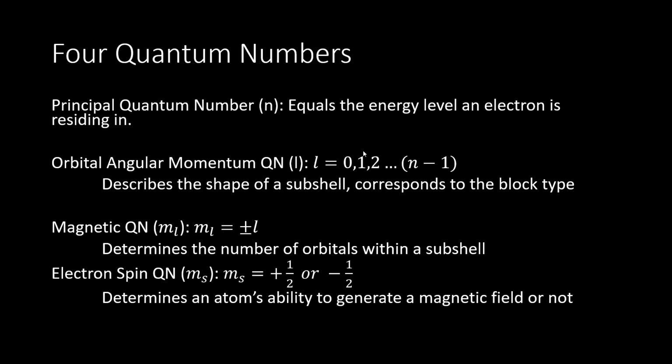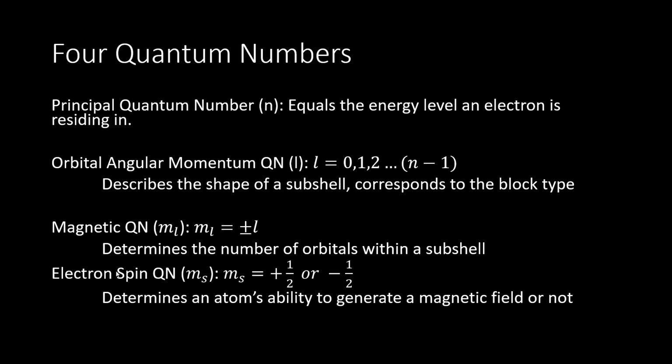And if we have a value of l equaling 1, then m sub l can range from negative 1 to 0 to positive 1. If n equals 1, l can only equal n minus 1, or 0. Therefore, negative 0 to positive 0 is just 0 for m sub l. Each individual value of m sub l is an orbital within our subshell.